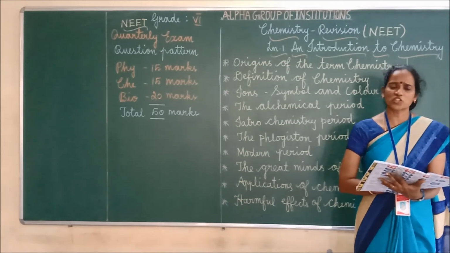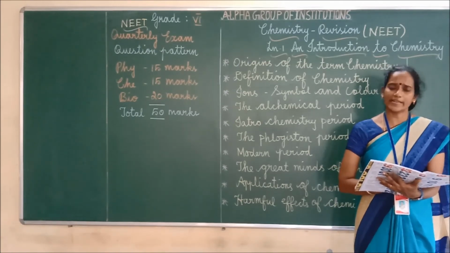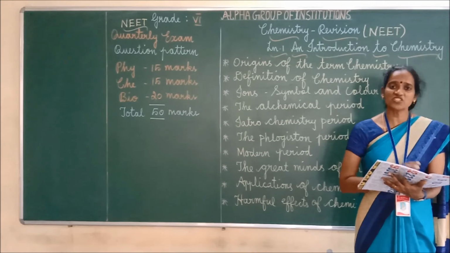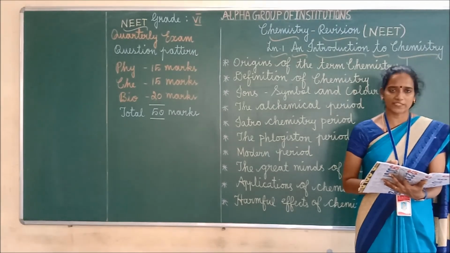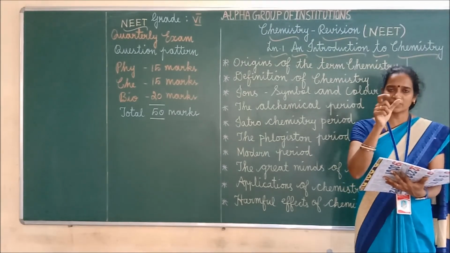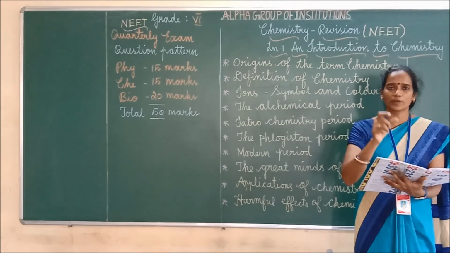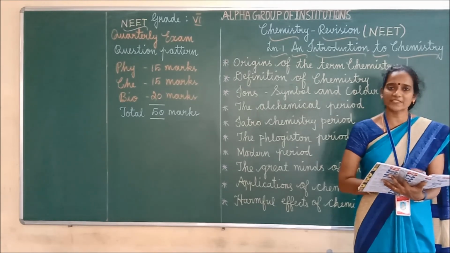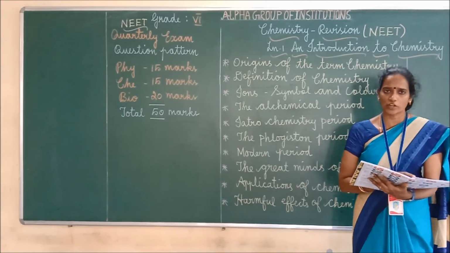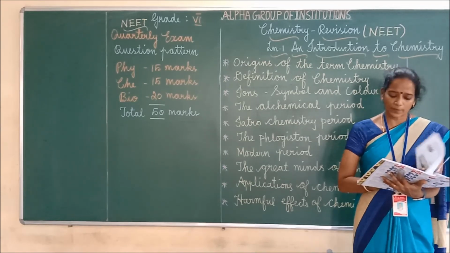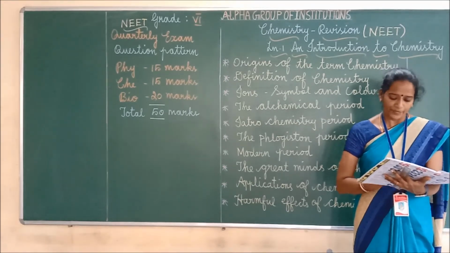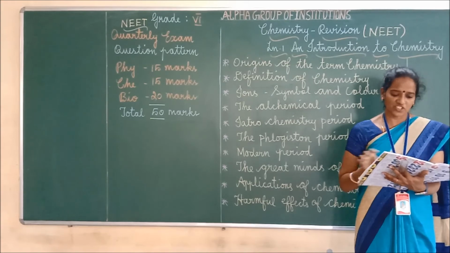Give an expansion of RDX. RDX means what? Research Department Explosive. So RDX, the word will be given to you. You have to mention the expansion for this RDX. What's the expansion for RDX? Research Department Explosive. So like that you have to prepare, children.